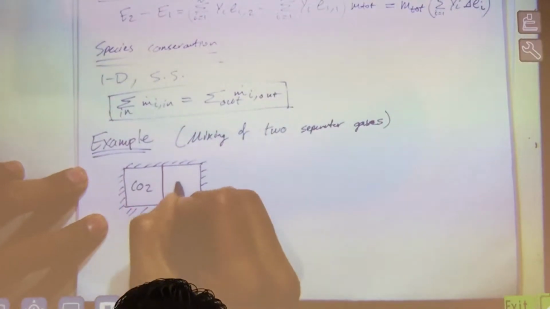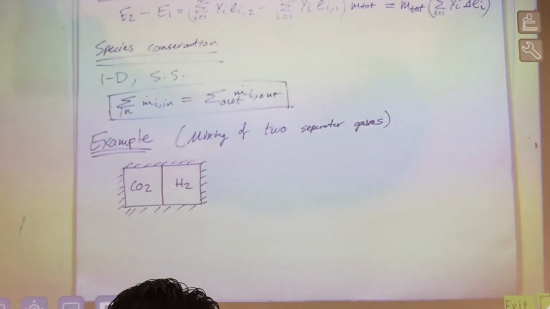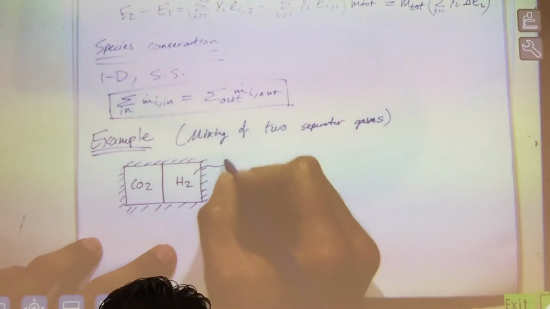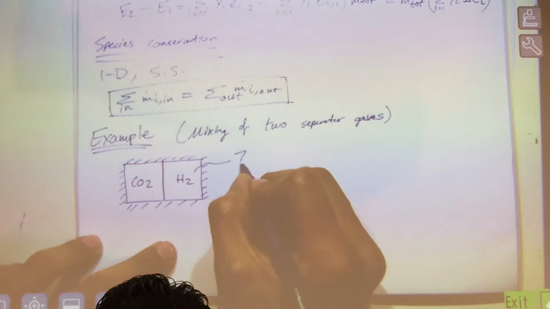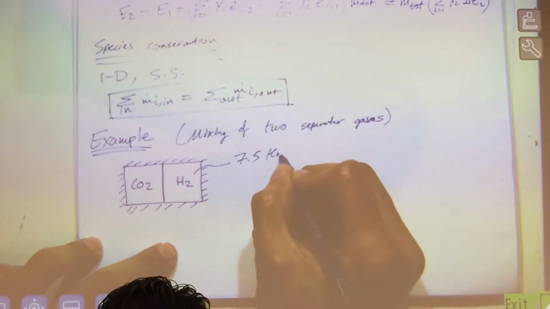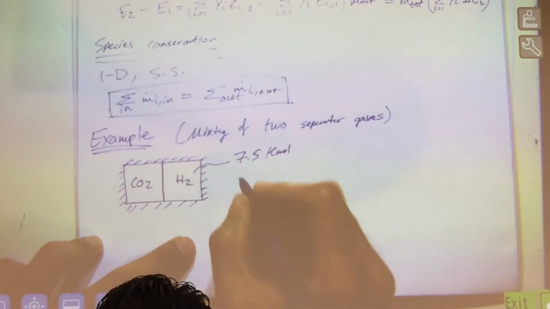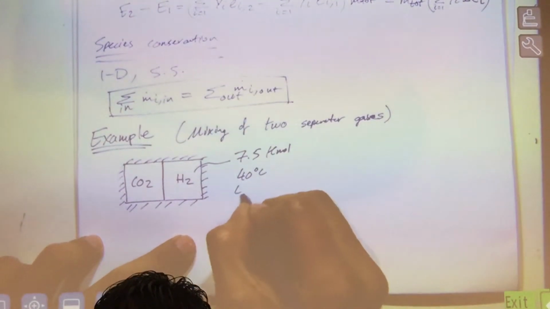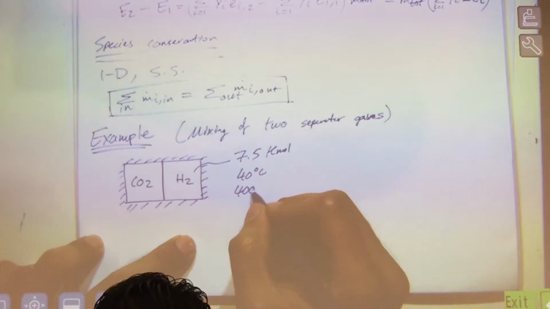CO2 and hydrogen. Okay? Now, let's say hydrogen has 7.5 kilomoles. It's at 40 degrees C and 400 kilopascals.